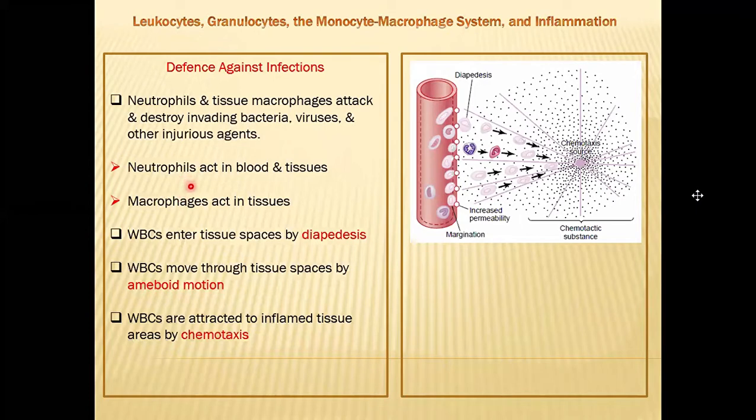So how do the WBC or white blood cells enter the tissue spaces? They do it by a process known as diapedesis.